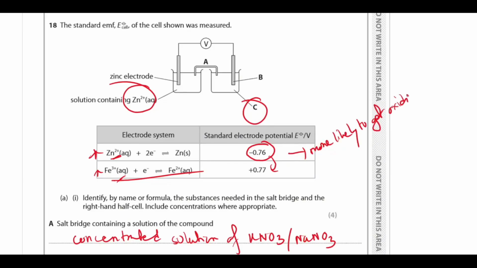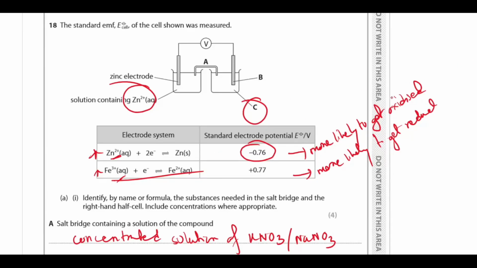And vice versa, the more positive the standard electrode potential is, the more likely the species is to get reduced, and if it's more negative, then it's more likely to get oxidized.